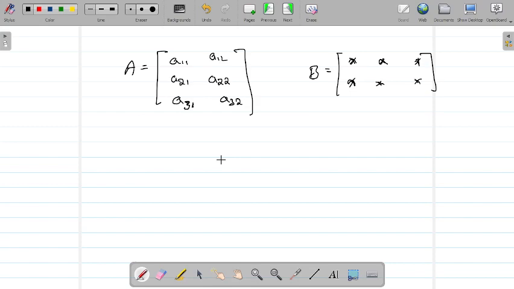Now I am looking at A times B. I am looking at the right inverse, right? So this is a matrix of size 3 by 2, and this is a matrix of size 2 by 3. I do expect I3 here. Let me see whether it is possible or not.